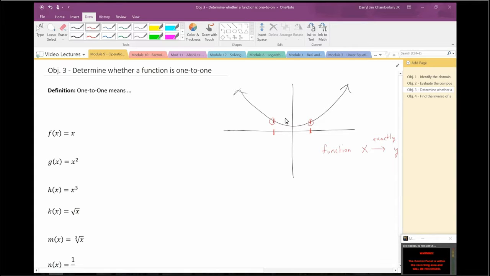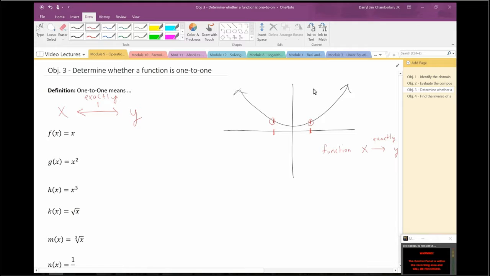So one-to-one means that between the x and the y, we have exactly one. Right? For every x, we have exactly one y. And for every y, we have exactly one x. So that means this is not allowed.